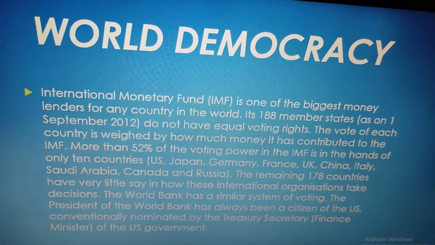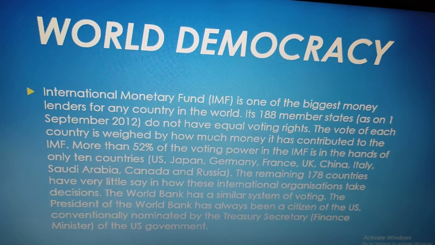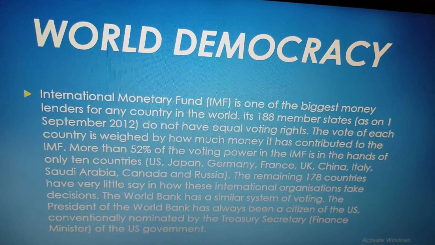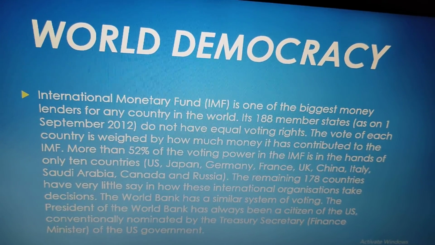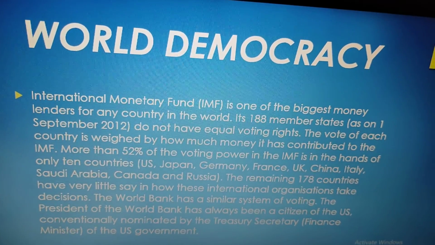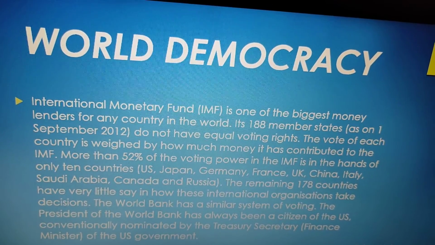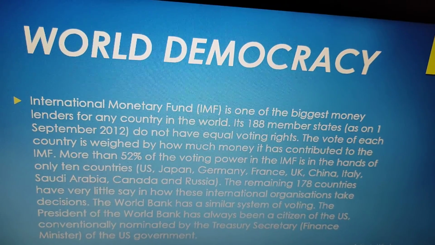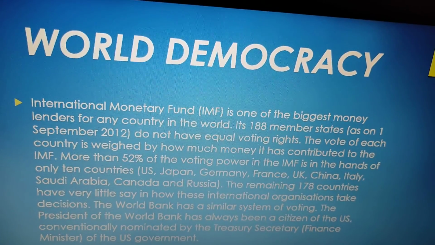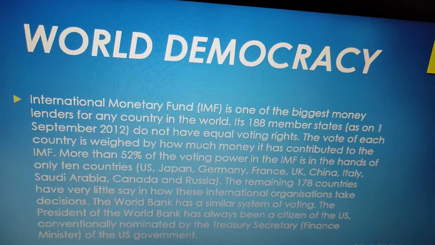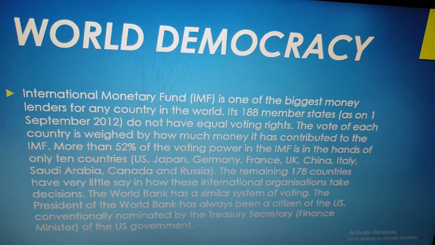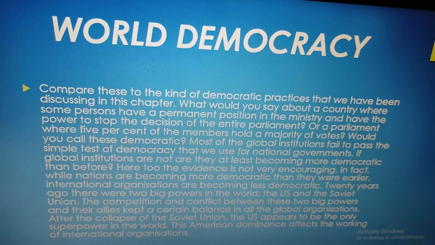The president of the World Bank has always been a citizen of the US, conventionally nominated by the Treasury Secretary of the US government. Why? Because the US contributes most of the money.